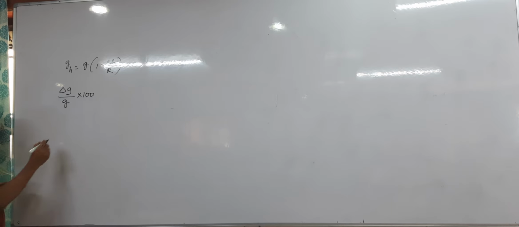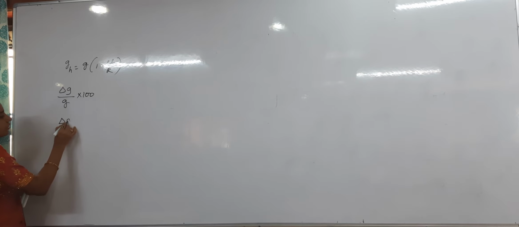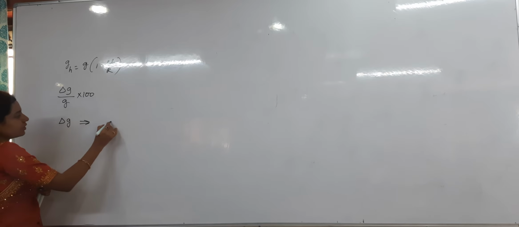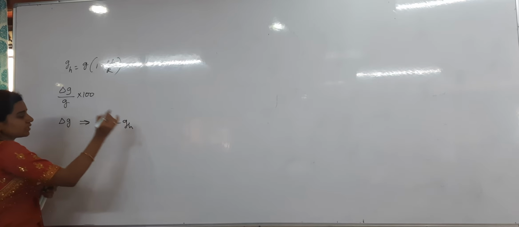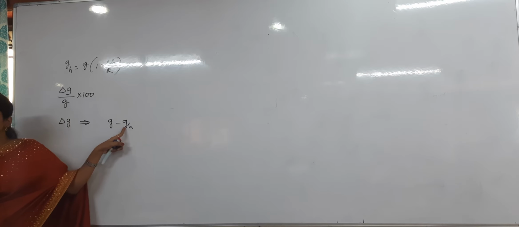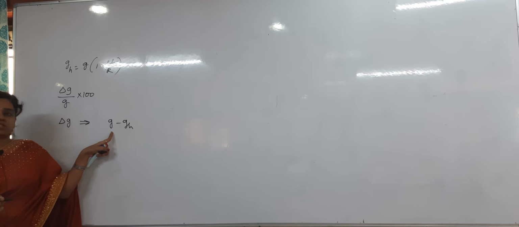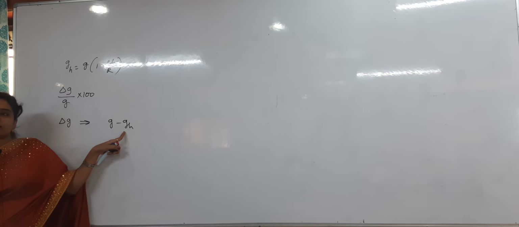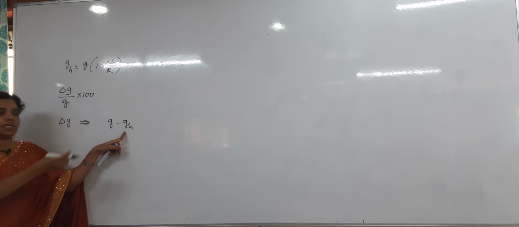So that delta G I wanted to find out means, for that first of all G minus g_h I will do. Initial value minus final value only we will get. G was the initial value. Now at what height have they given?